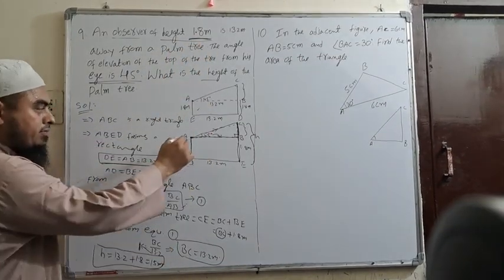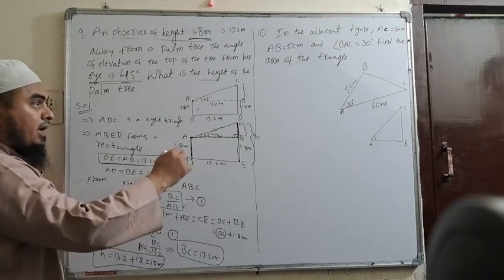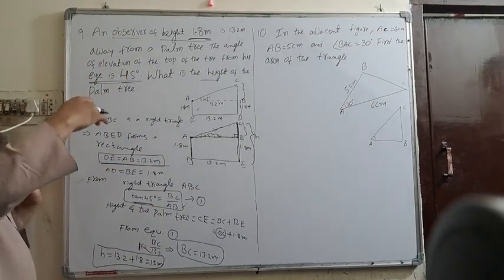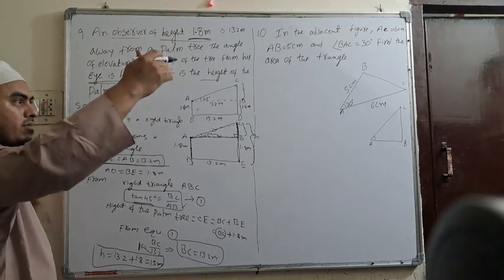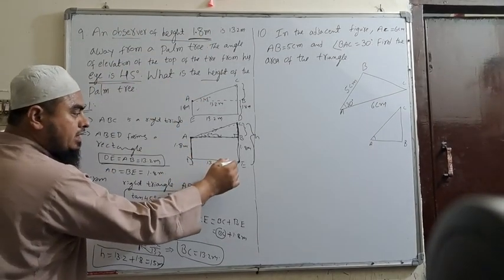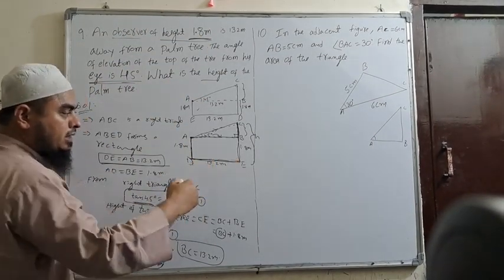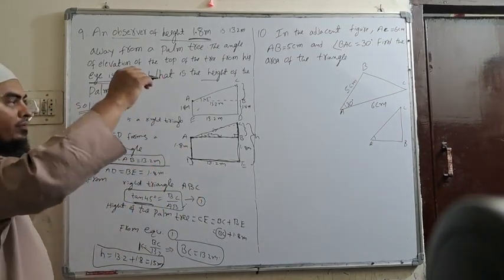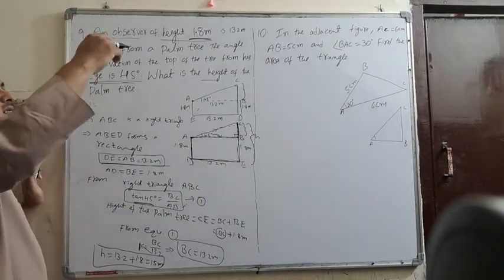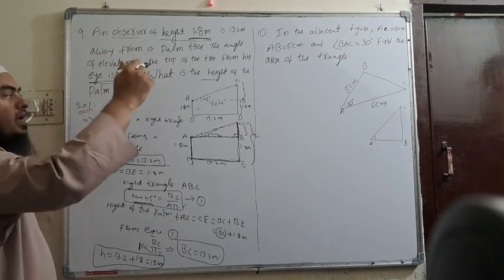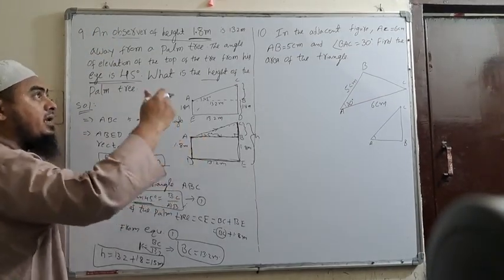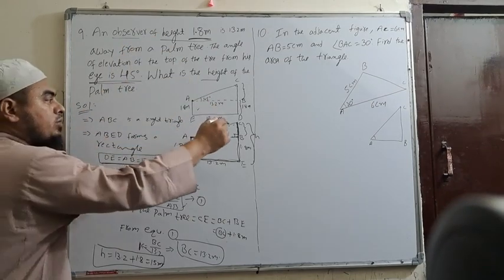He is watching the palm tree, which is at a distance of 13.2 meters from him, by raising his head. It is nothing but the angle of elevation. So he is raising his head and watching at an angle of 45 degrees to the top of the palm tree.